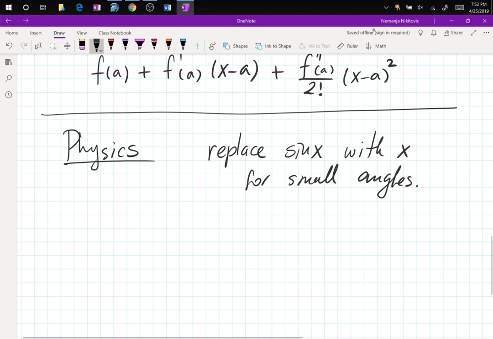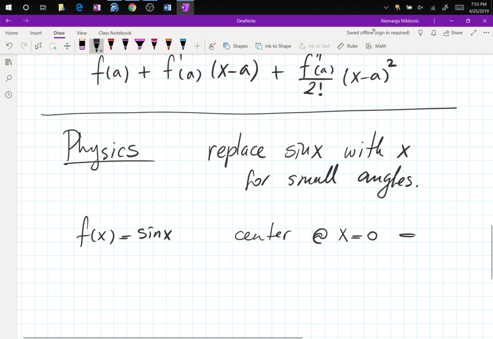So if I have my function f of x to be sine x, then what can I get out of this? And I want to say center at x equals 0.